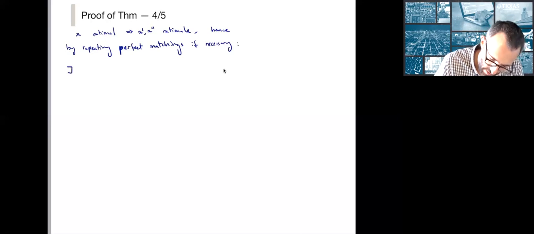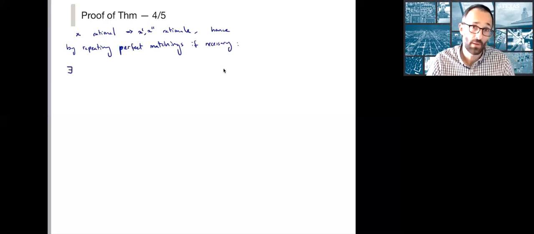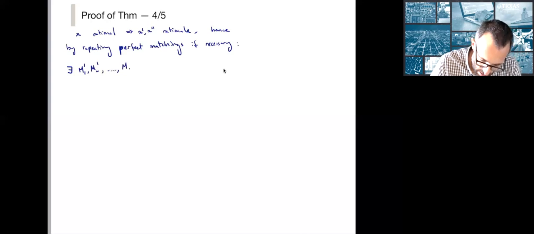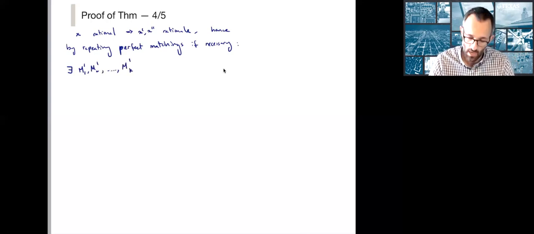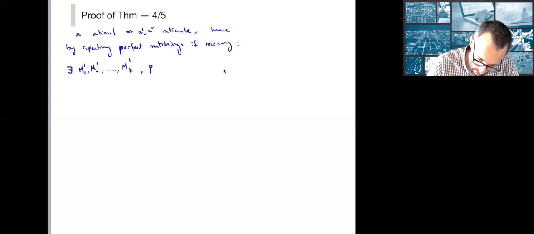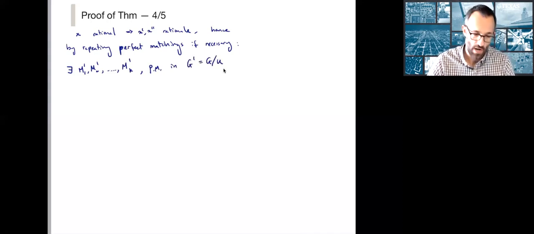We can say that there exists, potentially by repeating, I mean these are not necessarily unique, M1 dash, M2 dash, up to Mk dash, not necessarily unique, that are perfect matchings in G dash, which is G with U contracted.